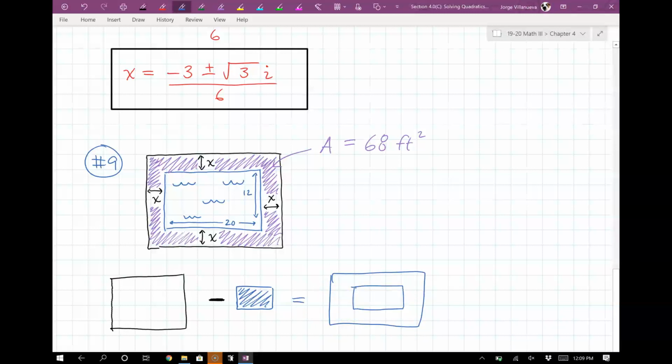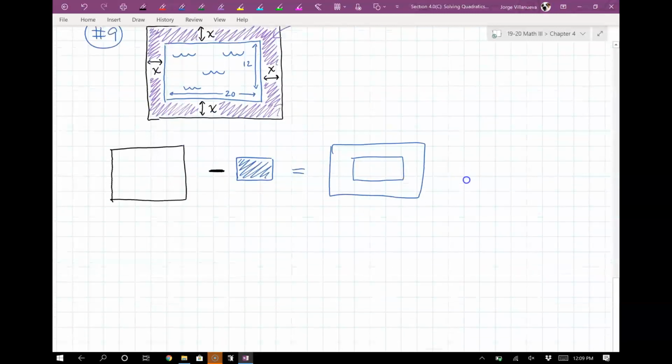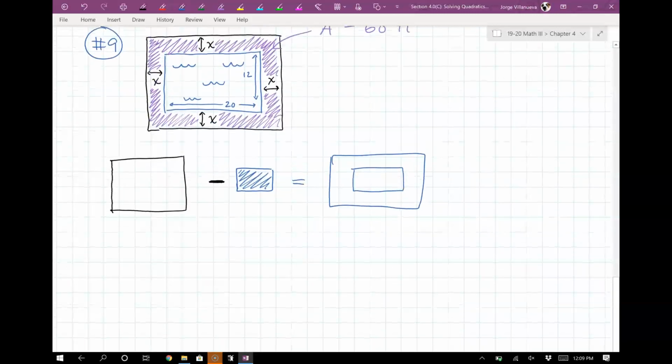You guys see that? Okay, so we're going to get the whole area, including the pool. We're going to find the area of everything, and then take out the area of the pool, kind of like cutting it out from a piece of paper, right? So think of it like this. If I can, hold on, give me a second here.